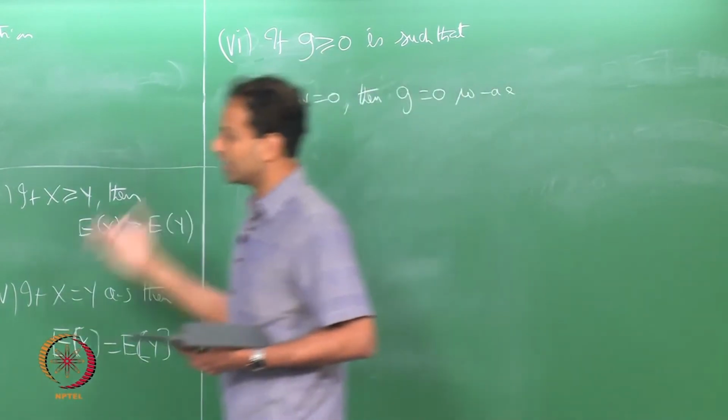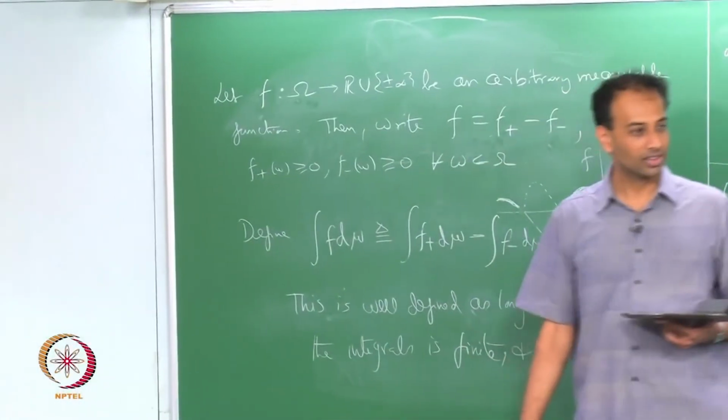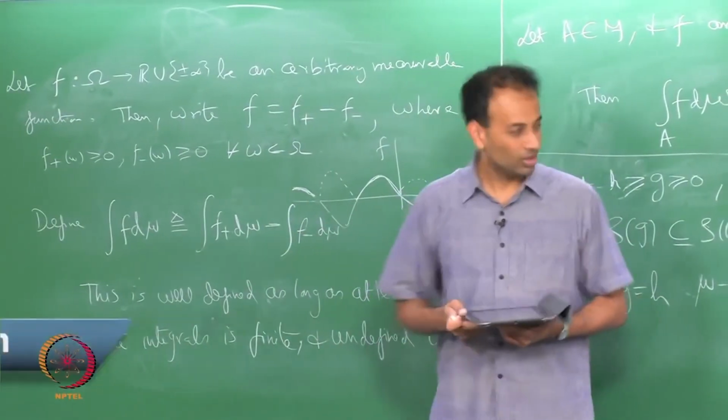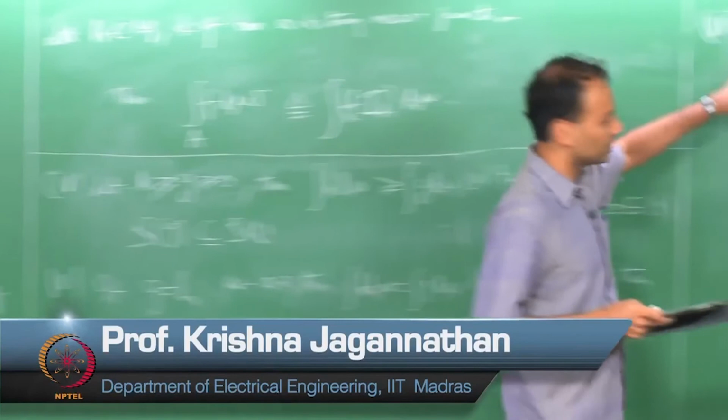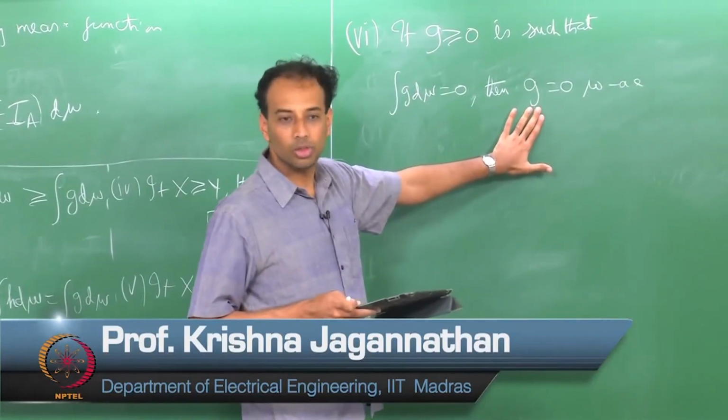If g can be negative, you may well have a situation where the integral of f plus and the integral of f minus cancel out. But if you only have a non negative function whose integral is 0, then the function itself must be 0 mu almost everywhere.